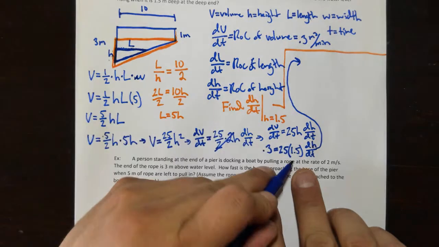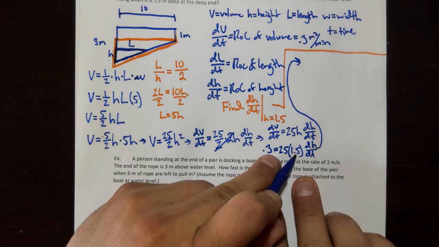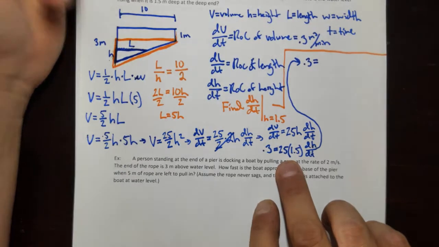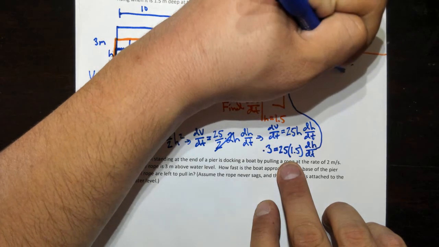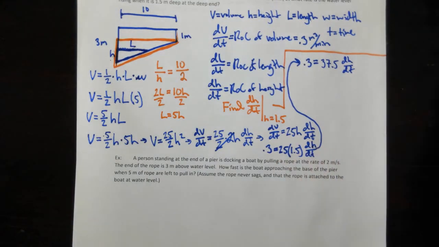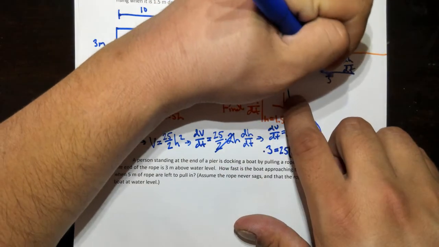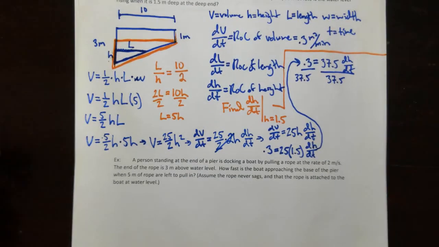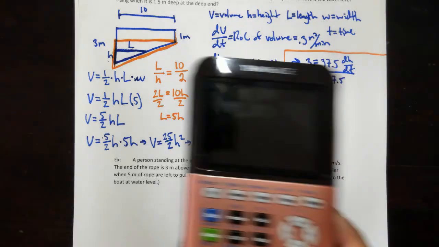So now what I want to do is get dh dt by itself, so let's divide both sides by 25 times, well, what is this? Let's just rewrite it. 0.3 equals 37.5 dh dt. And we want to divide both sides by 37.5. Let me get my calculator out if I can find it. There it is. It's hiding in my math book.